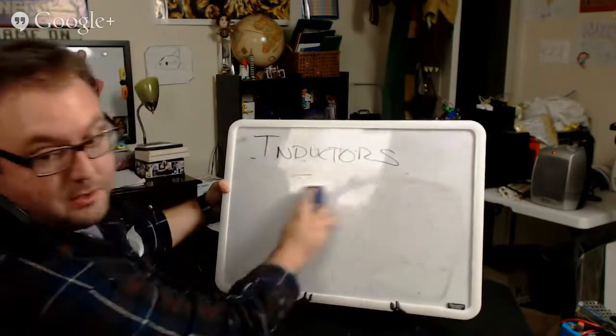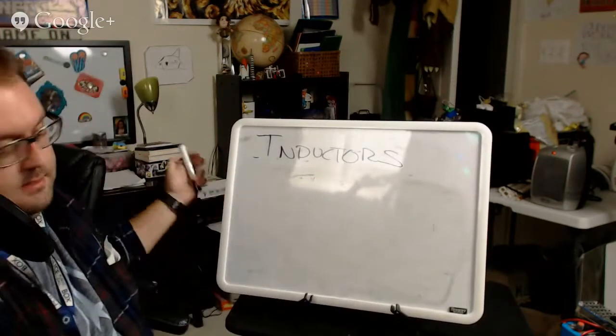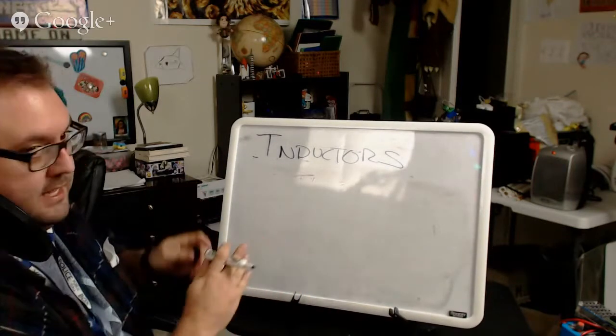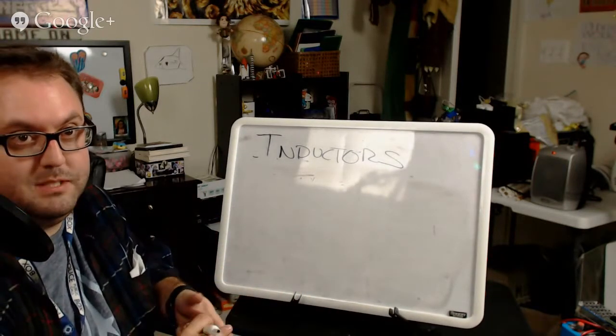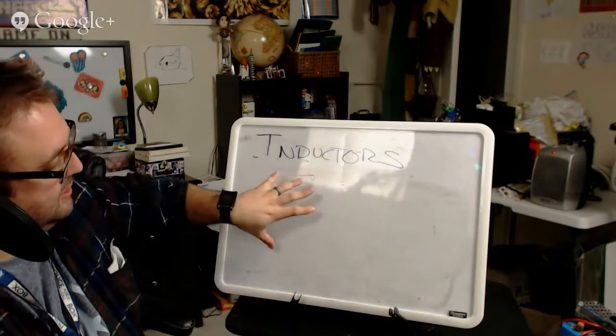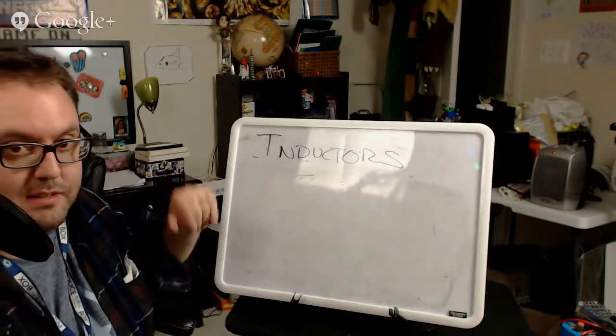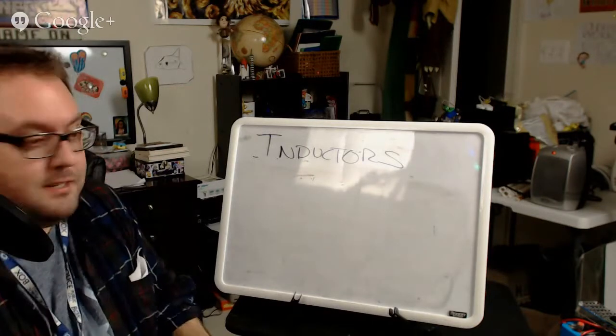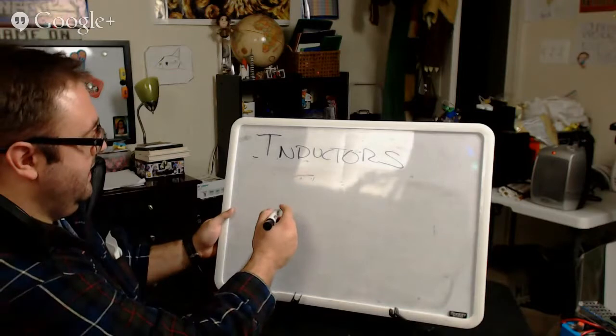What are the real practical uses and applications? In reality, aside from the little choke I wrote down to filter out RF noise, you're not going to just use an inductor. You're going to buy a motor.